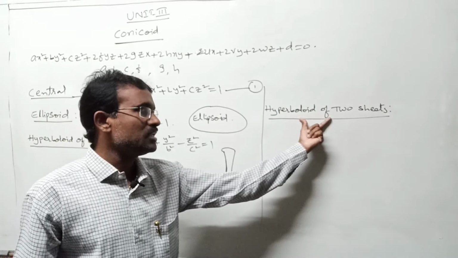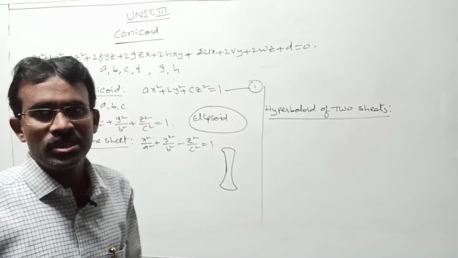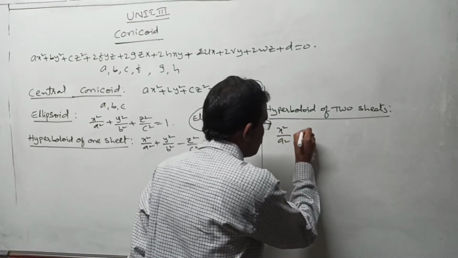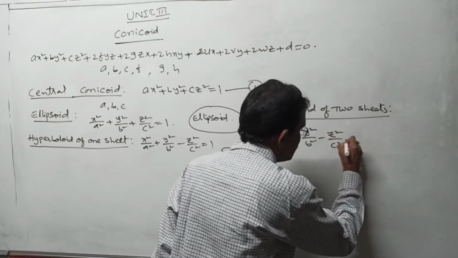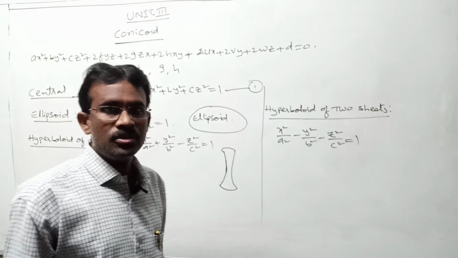Such a surface or conicoid is called what? Hyperboloid of two sheets. That is like this: x square by a square minus y square by b square minus z square by c square is equal to 1. This is hyperboloid of two sheets.